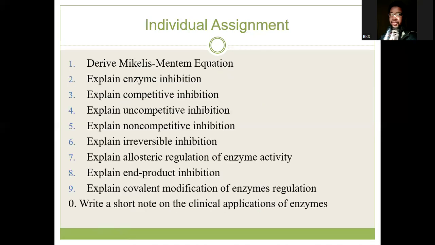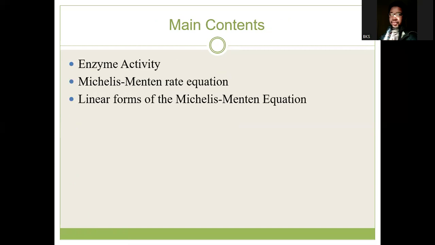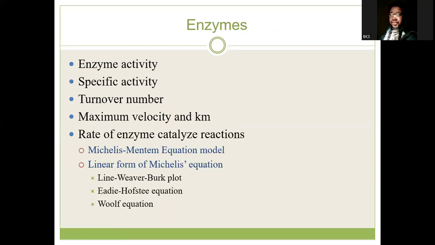So the assignment topic covered study session 4 and study session 5. In study session 4, I will basically talk about enzyme activity, the Michaelis-Menten equation, and some linear form derivations of the Michaelis-Menten equation. Under this, we asked the group to discuss enzyme activity.